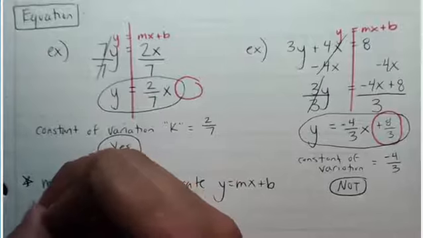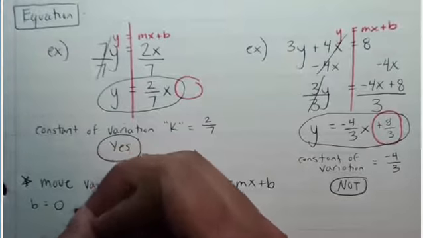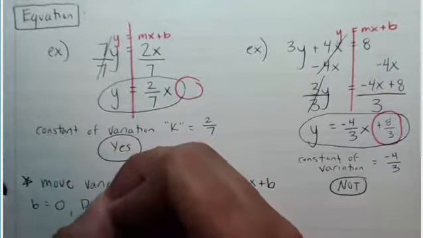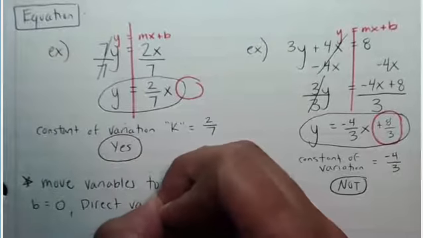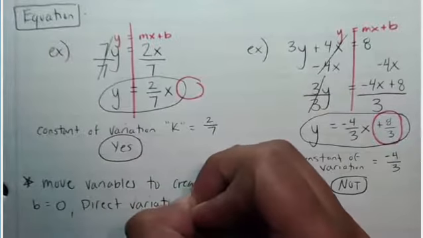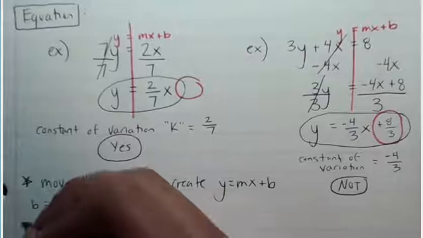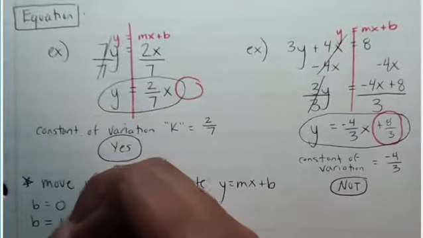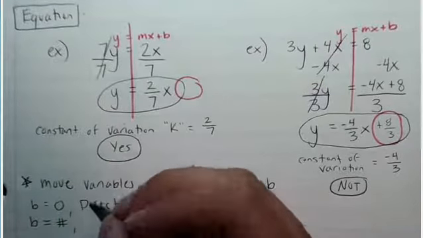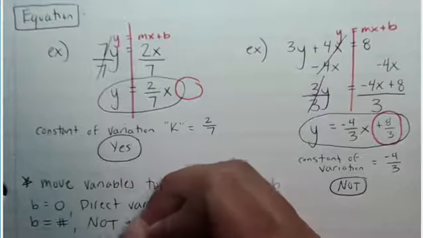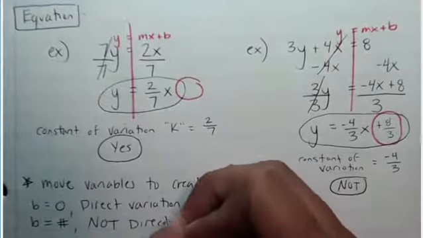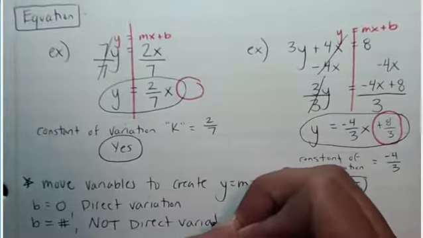So at the bottom, I'm going to put if b is equal to 0, that means it's a direct variation, or it's proportional. If b is equal to a number, negative, positive, doesn't matter, this is not a direct variation.